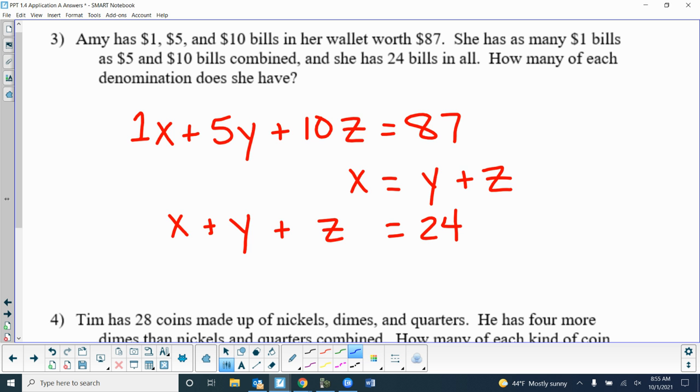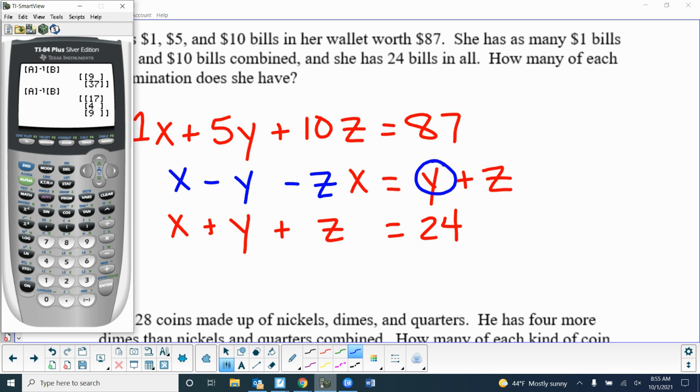So it should be X minus Y minus Z equals what? 0, right? So I just moved the Y and Z over and lined them up by subtracting, and then nothing's left, so that's a 0. Okay? Questions on my equations there?